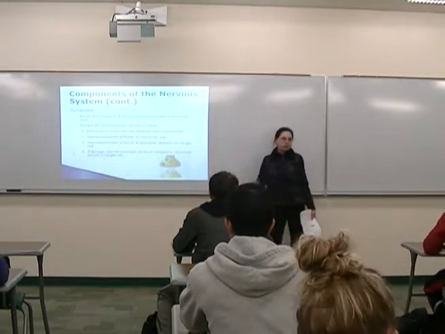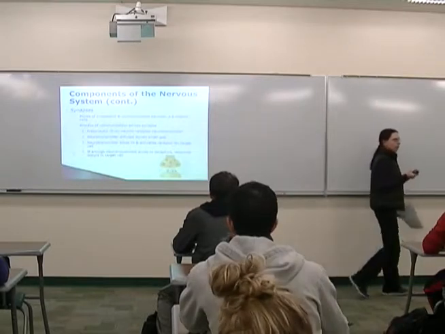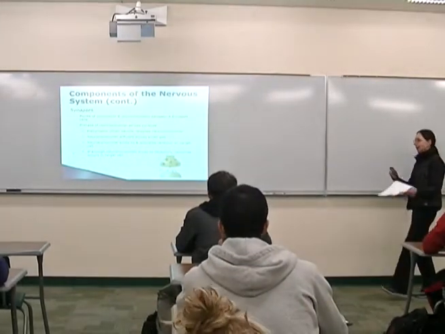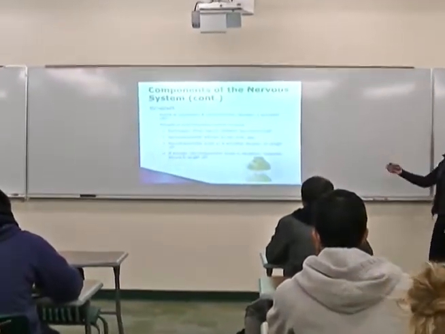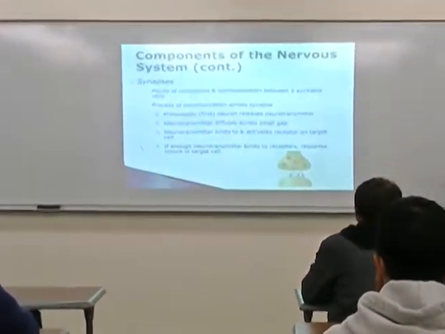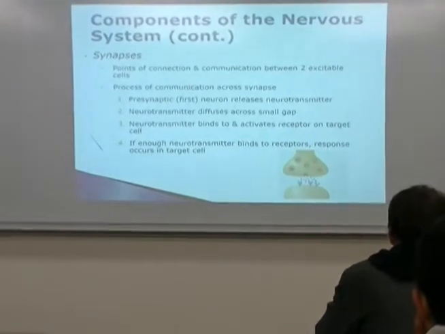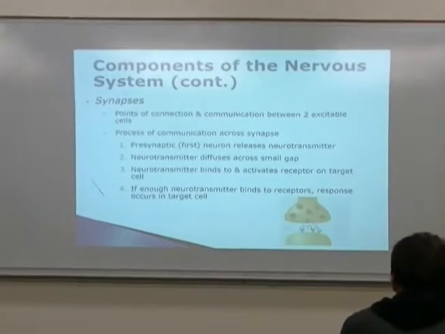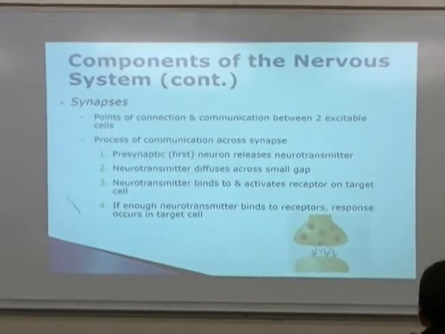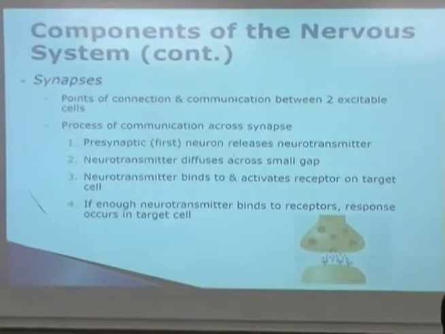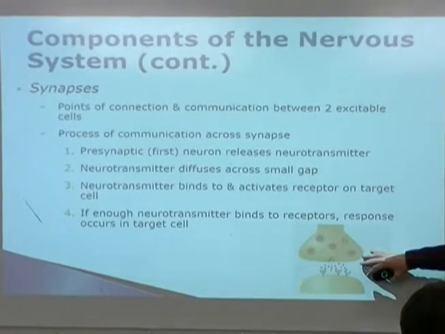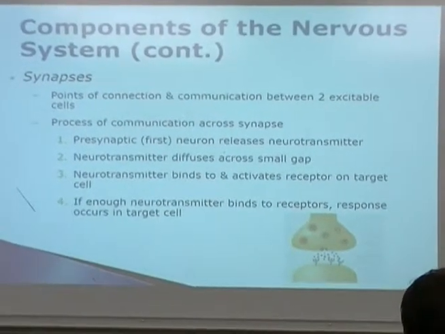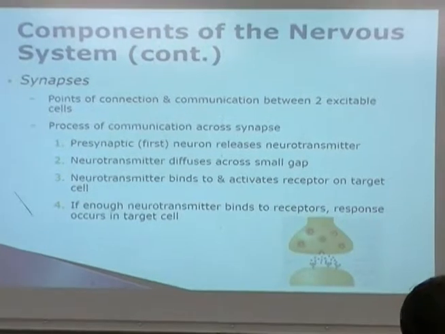The technical term for a synapse at that position is the neuromuscular junction. But the neuromuscular junction is a synapse. It works the same way. So, a point of communication between two excitable cells: two nerve cells within the nervous system, or in our case, communication between the nervous system and the muscular system.